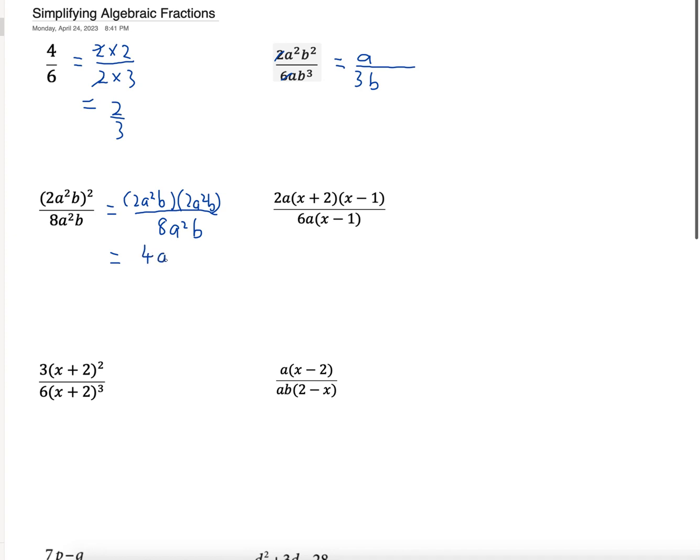A square times a square, a to the power of 4. B times b, b squared, over 8a square b. We cancel 4 by 8, giving us 2, and a to the power of 4 cancel with a to the power of 2 is a to the power of 2, and b square cancel with b is b in the numerator.